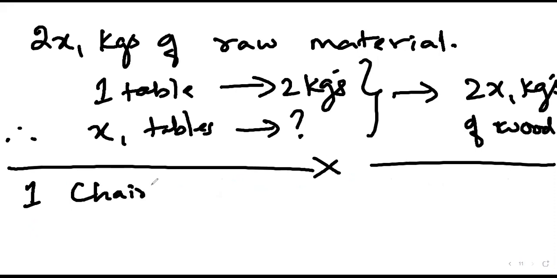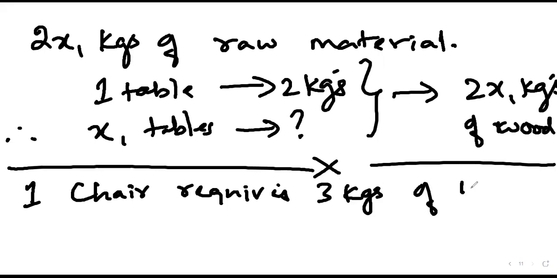One chair requires how many kgs of wood? 3 kgs of wood.